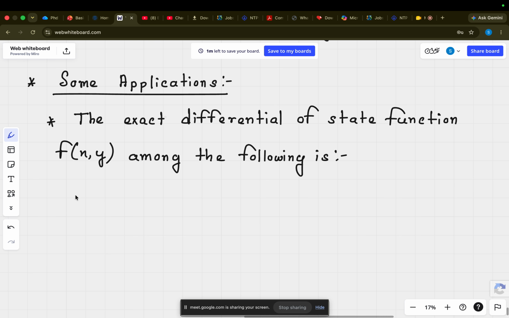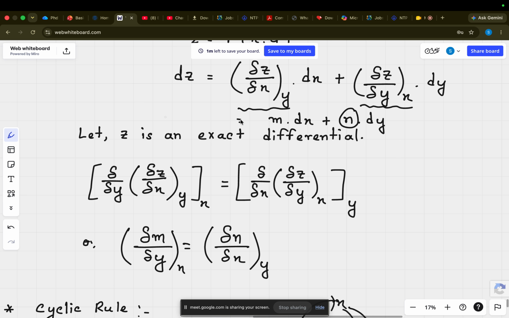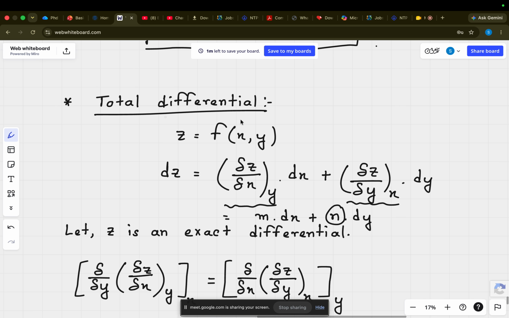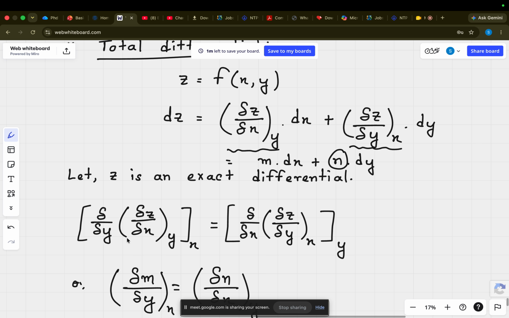So first of all, suppose you have x into dy. Exact differential means this formula: del z by del x at constant y, then with respect to dy.